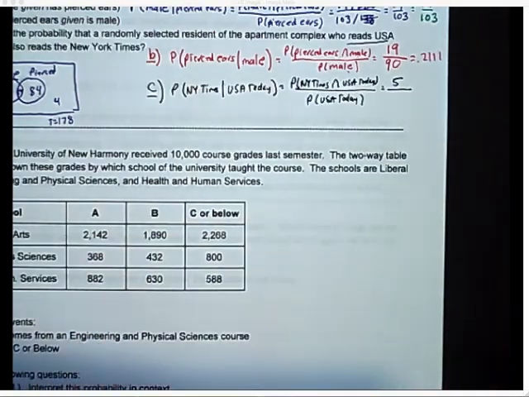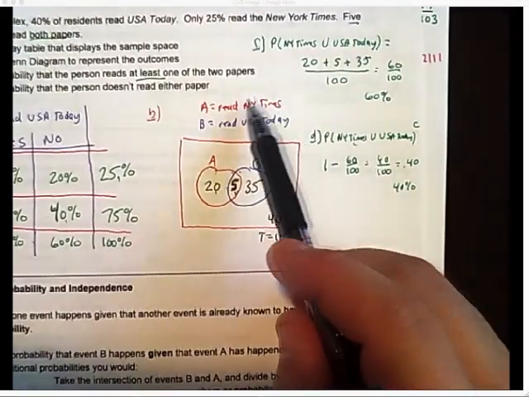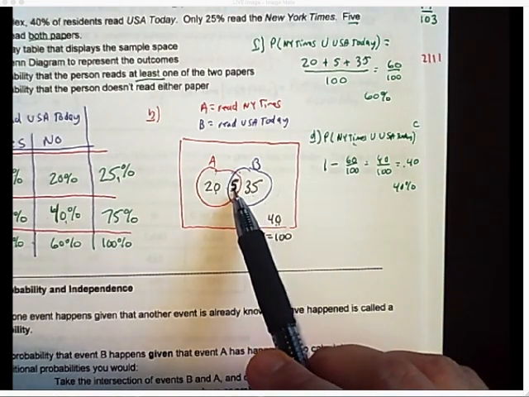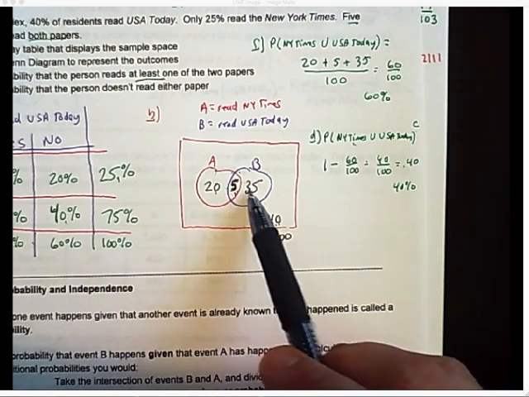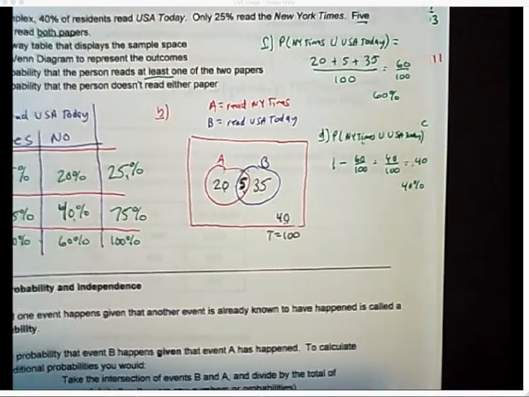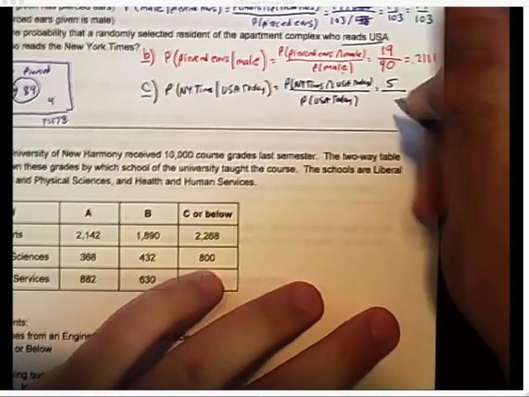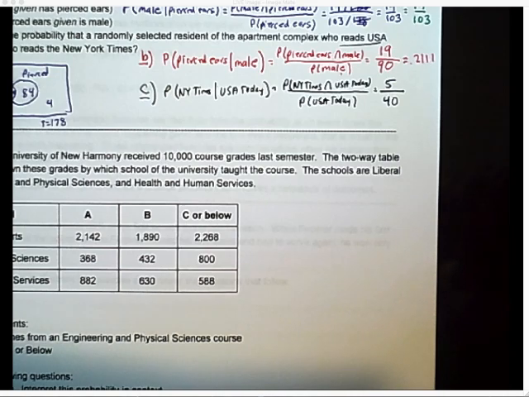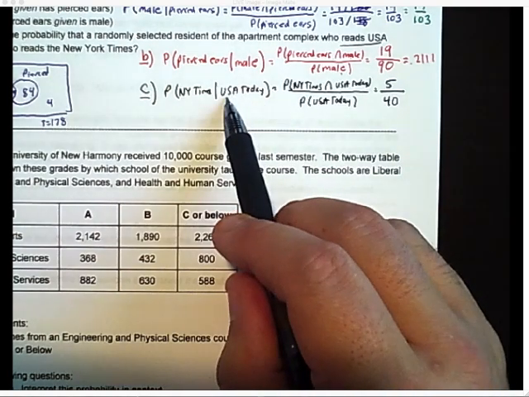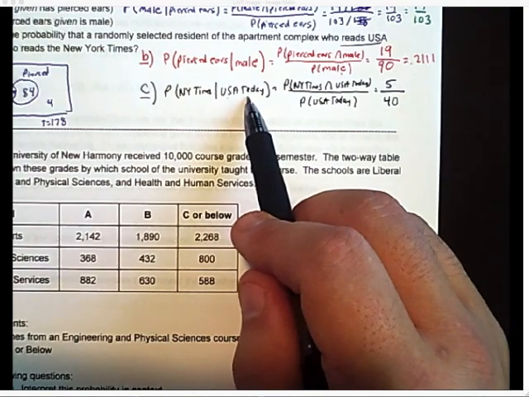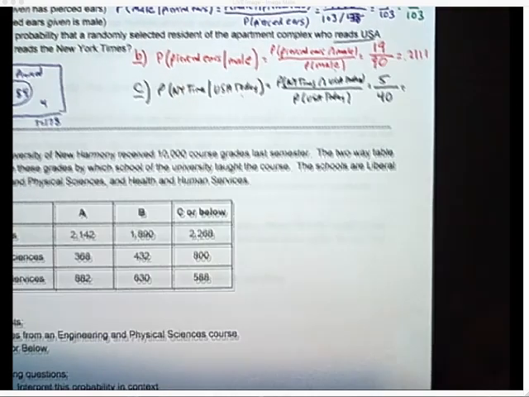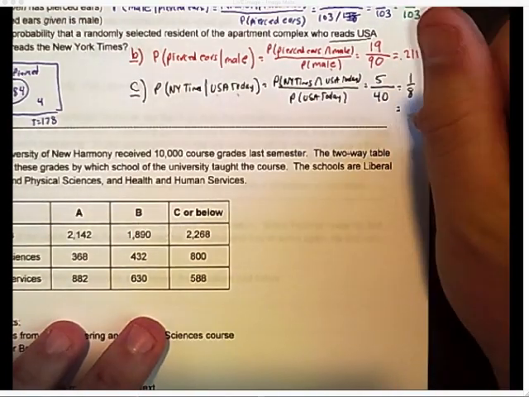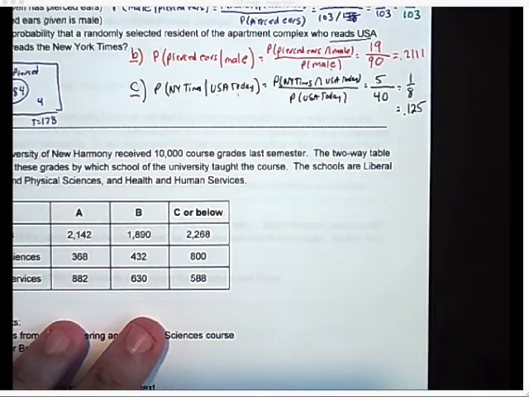And what about USA Today? USA Today is circle B. How many people read USA Today? These 5 plus these 35. If I add these two numbers together, that's 40. So 5 out of 40. Given that they read USA Today, the probability that they also read the Times is 5 out of 40. Or you can reduce it to 1 over 8 if you want, or as a decimal, I believe that's 0.125.